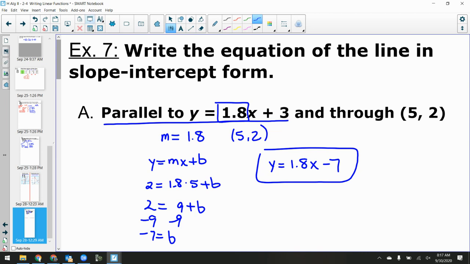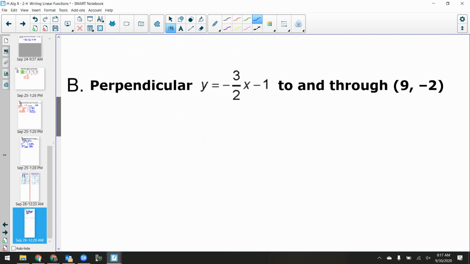So we did a parallel one, let's look at a perpendicular one. It's perpendicular to y equals negative 3 halves x minus 1. So I like to think about it this way. My old slope is negative 3 halves. So what is my new slope going to be? Positive 2/3.